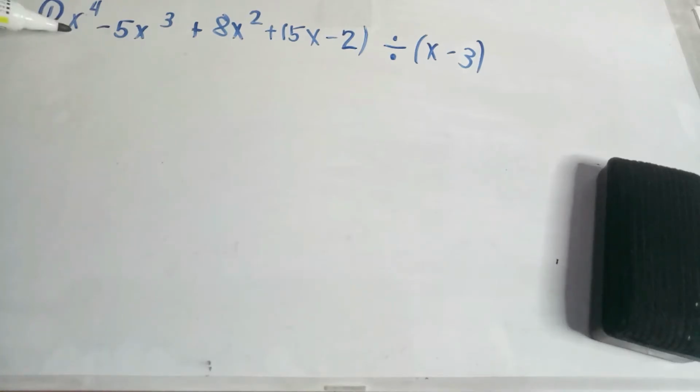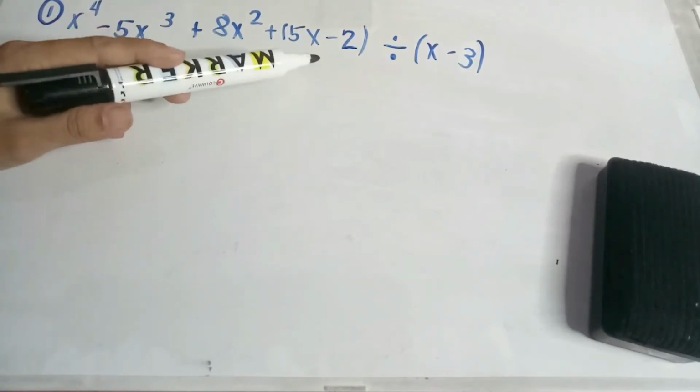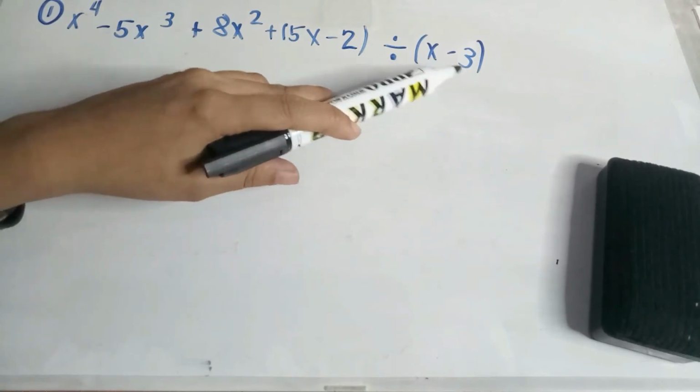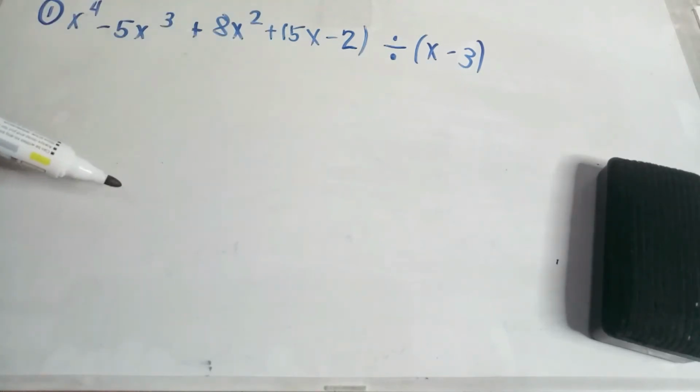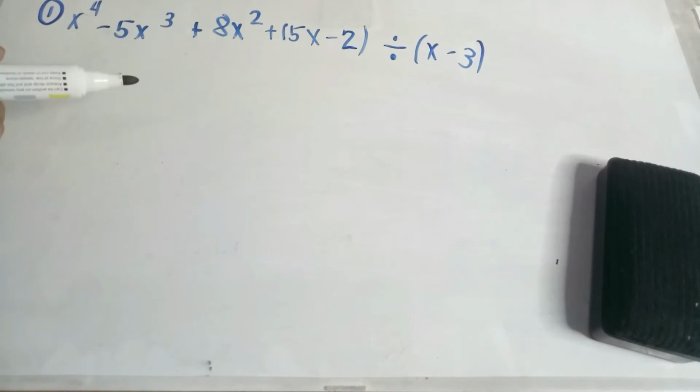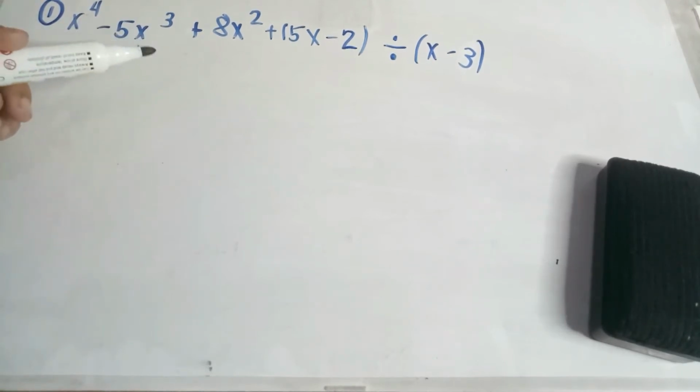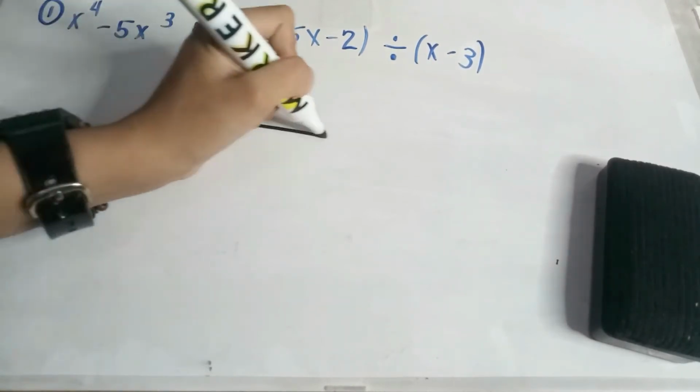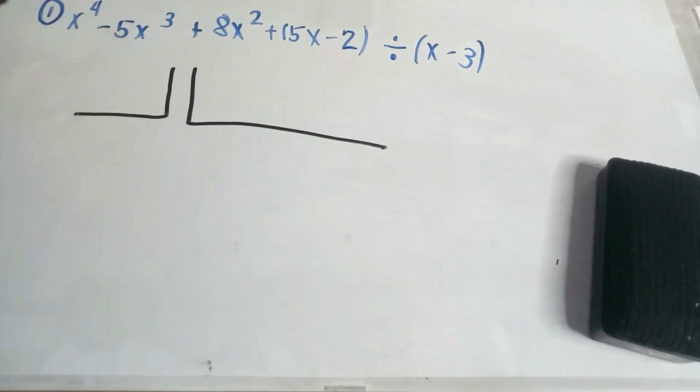So let's solve x raised to 4 minus 5x cubed plus 8x squared plus 15x minus 2 divided by x minus 3, using synthetic division. We will use the inverted division sign like this.